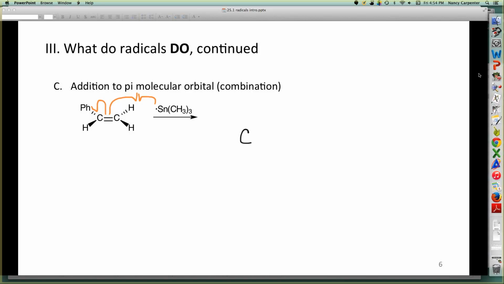a new radical on that left-hand carbon. And what these 2 orange arrows are signifying is that I'm making a new bond between the right-hand carbon and this tin piece.